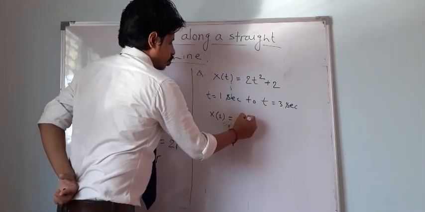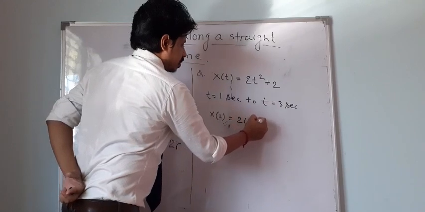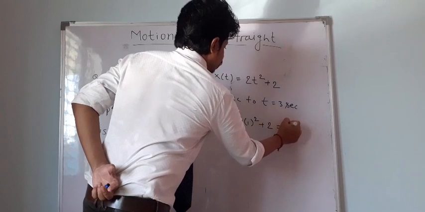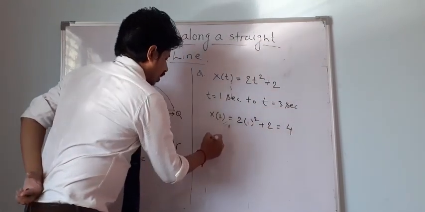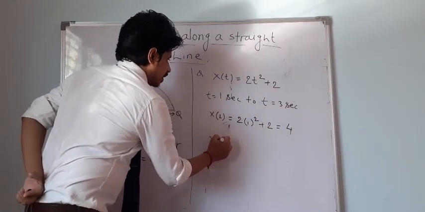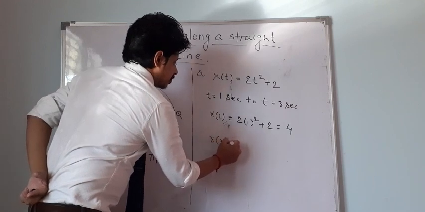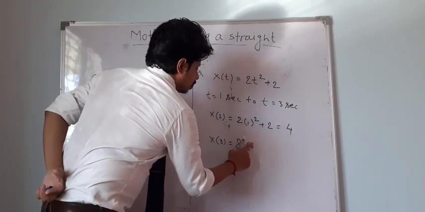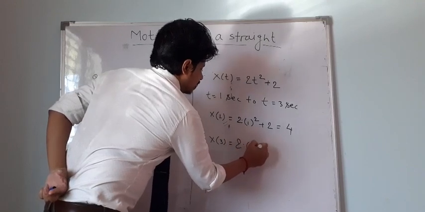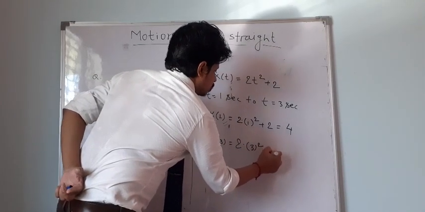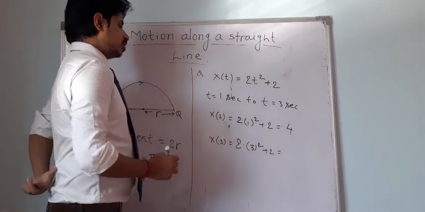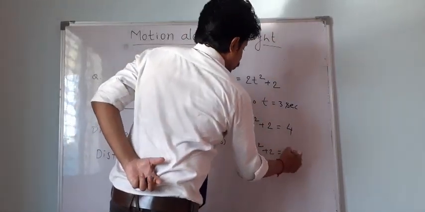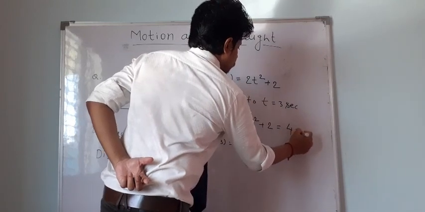So it is 2 into 1 whole square plus 2, that is 4, and x at a time of 3 seconds is 2 into 3 square plus 2, which is 9 into 2, 18 plus 2, 20 meter.